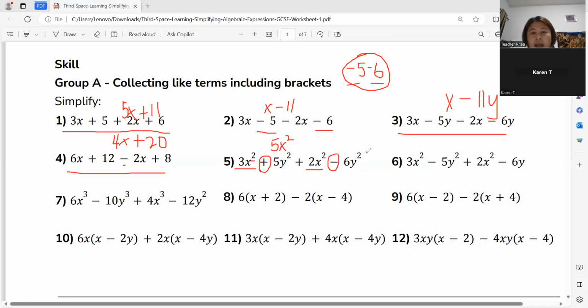Positive 5y minus 6y. They have different signs, positive 5 and negative 6. So you need to follow the rules in subtracting and adding negative numbers.